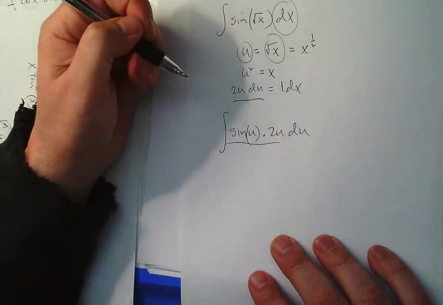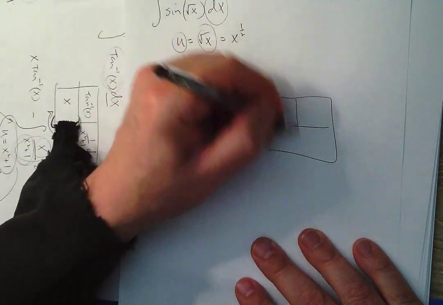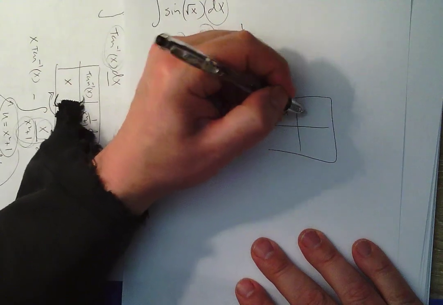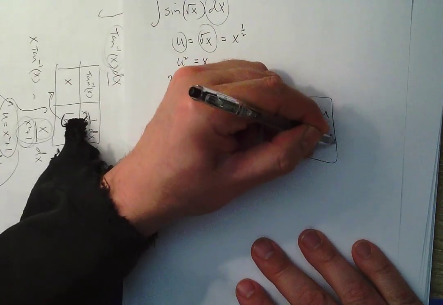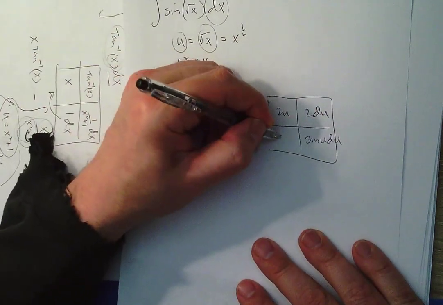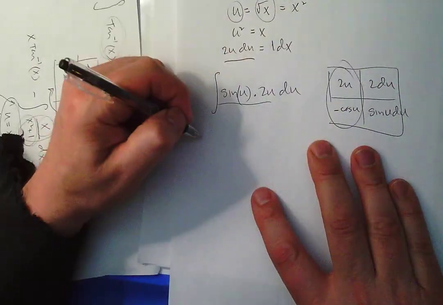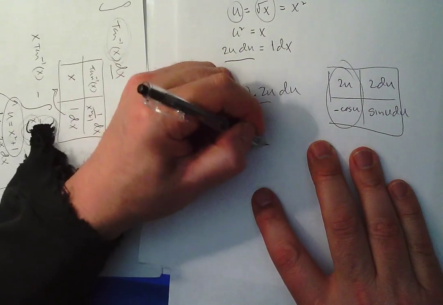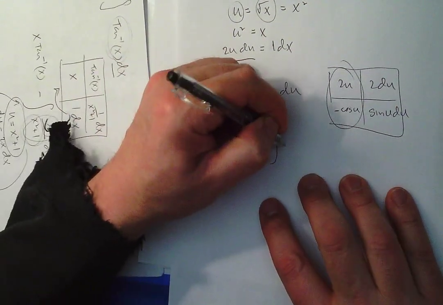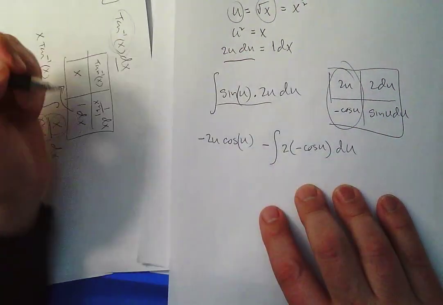Well, there's by parts. So I put my 2u up here, and I get 2 du. I put my sine u du here, and the antiderivative would be negative cosine u. So now, when I integrate this times this, I get negative 2u cosine u minus the integral of 2 times negative cosine u du.